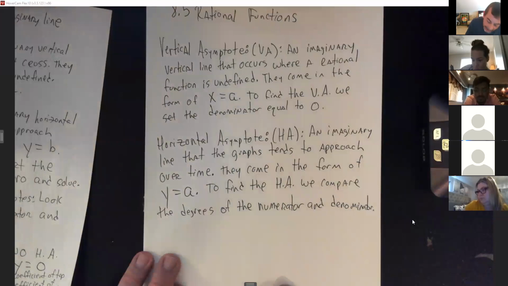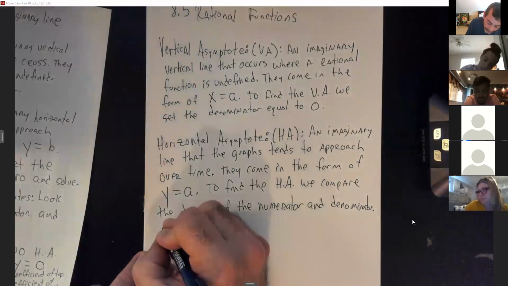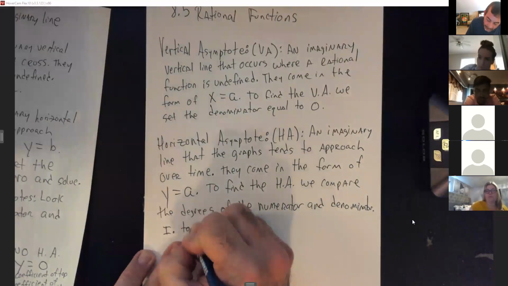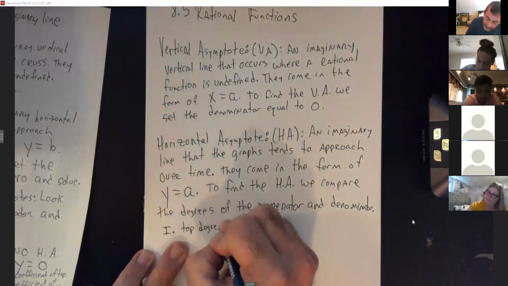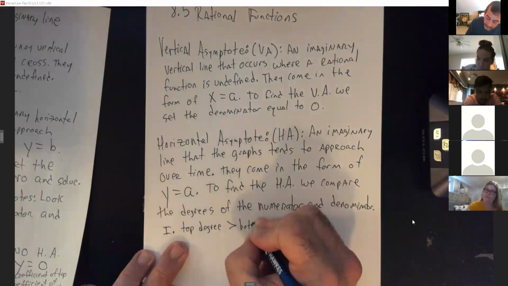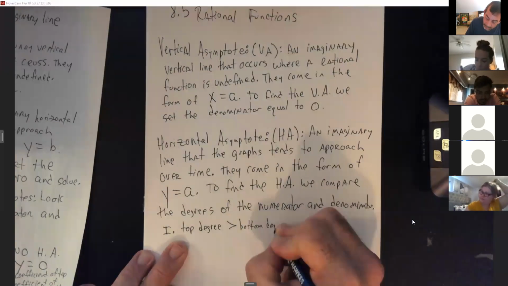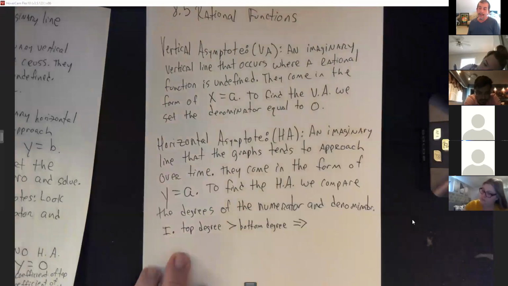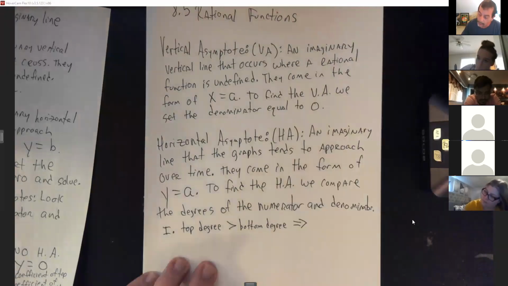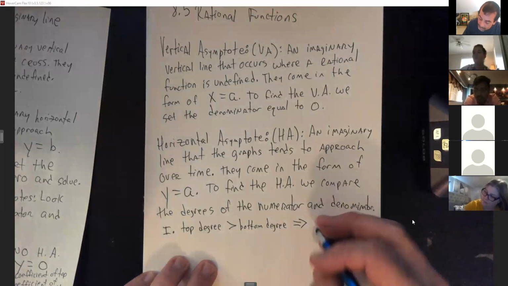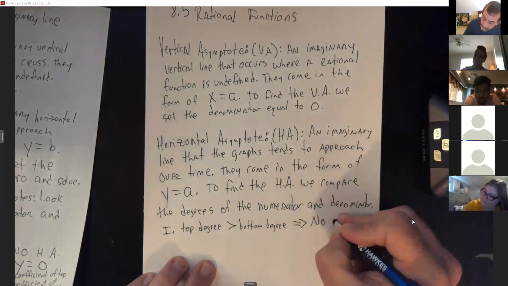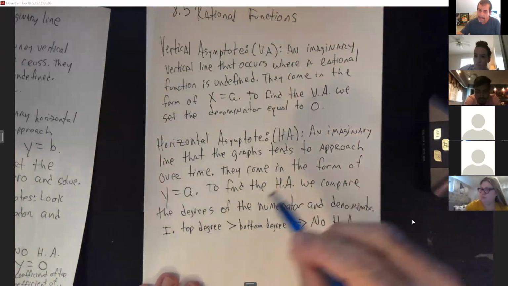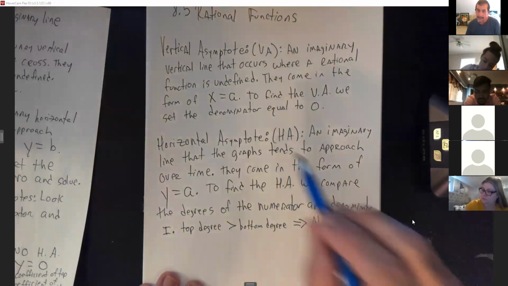So you got three cases. Case number one, the top degree is greater than the bottom degree. If the top is bigger than the bottom, it will have no horizontal asymptote because it wants to just keep heading towards infinity, okay, or negative infinity.